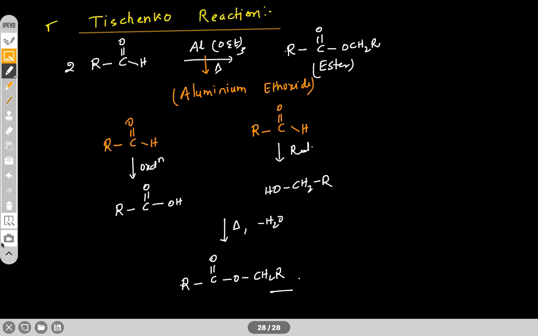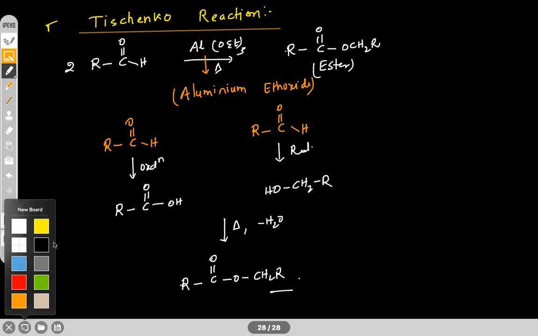Okay. Now you look at the mechanism of this reaction. So this is the trick we use, the method to write down the product. The mechanism of this reaction: see, aluminium ethoxide, in this molecule Al(OEt) thrice, has one vacant orbital.